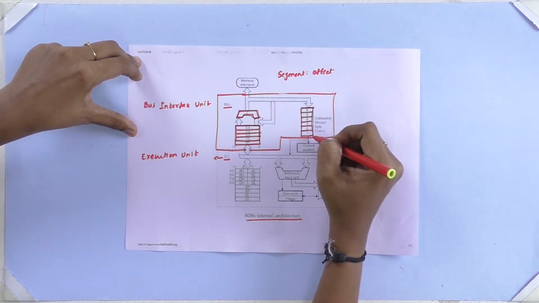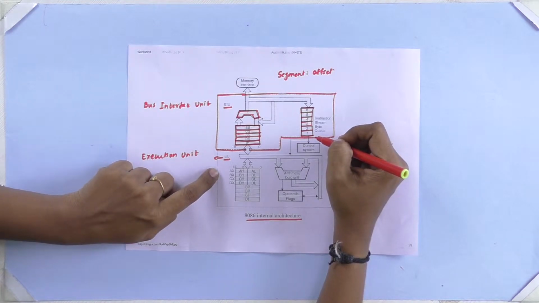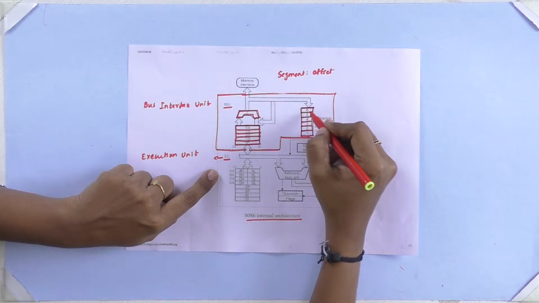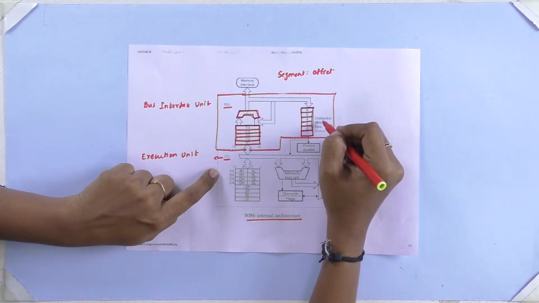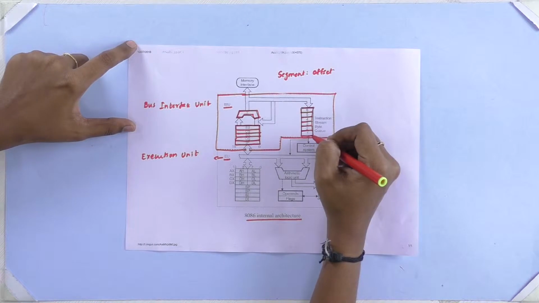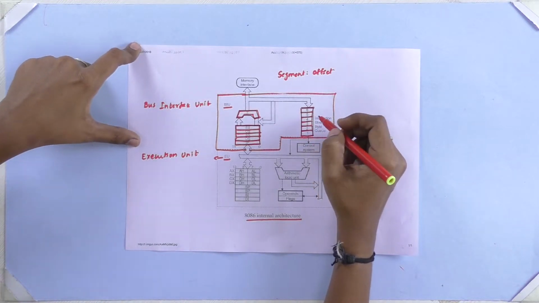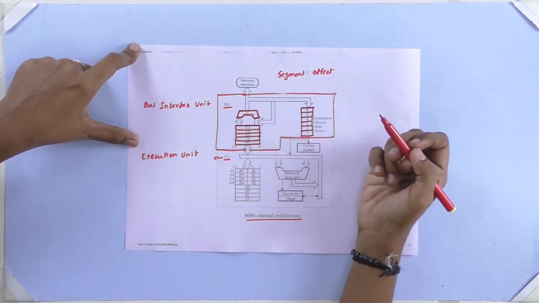Pre-decoded in the sense that when the execution unit is executing an instruction, this instruction stream byte queue will prefetch the next instruction to be executed and arrange it in the 6 byte queue.